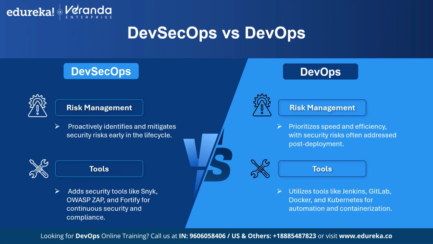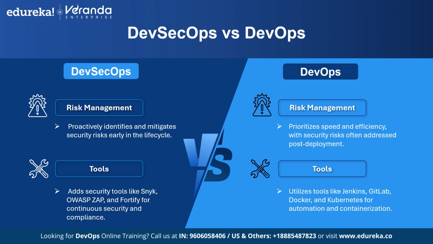In risk management, DevSecOps actively manages security risks by ensuring vulnerabilities are detected and mitigated early in the development lifecycle, reducing the risk of breaches or downtime. But DevOps focuses on managing deployment speed and operational efficiency, but security risks might be identified after deployment. Tools.